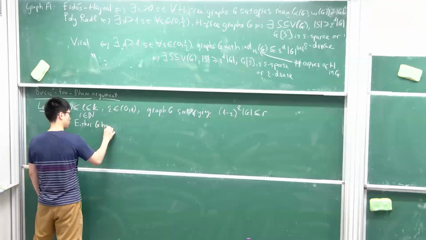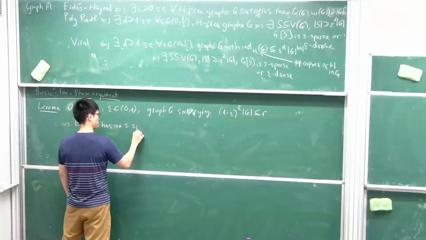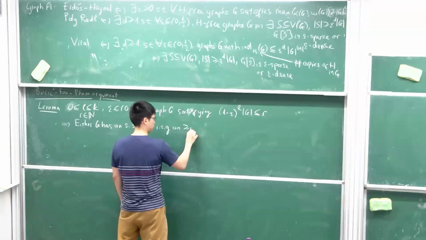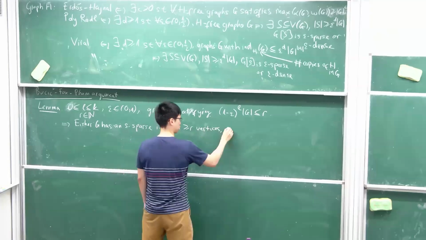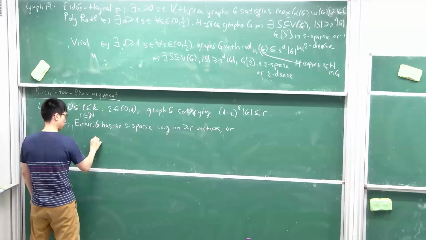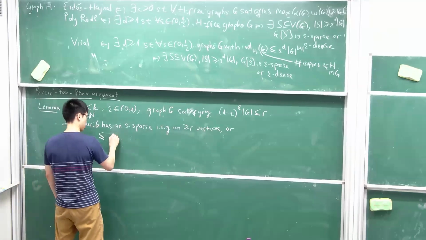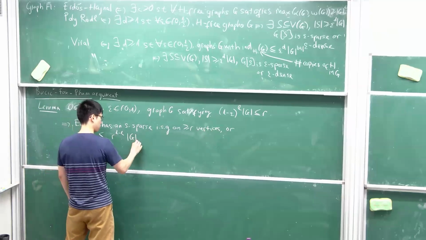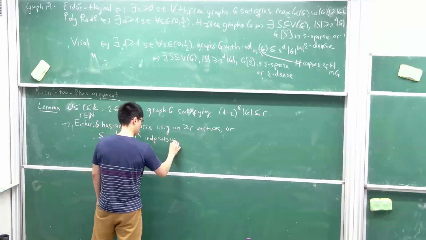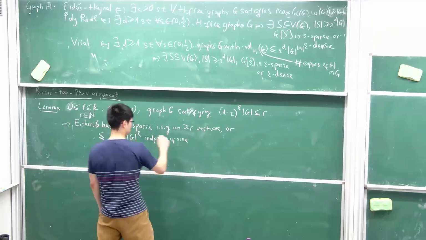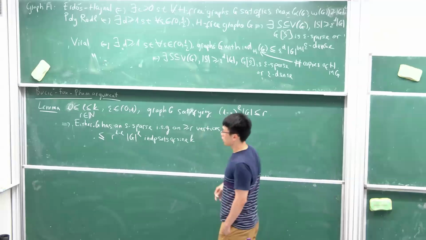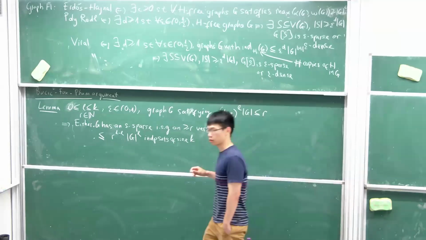Then the conclusion here is either G has an epsilon-sparse induced subgraph on at least R vertices, or there are at most R to the K minus L times the number of vertices of G raised to the power of L independent sets of size K. As you can see, this is a very simple version of the container lemma, if you're familiar with the method.